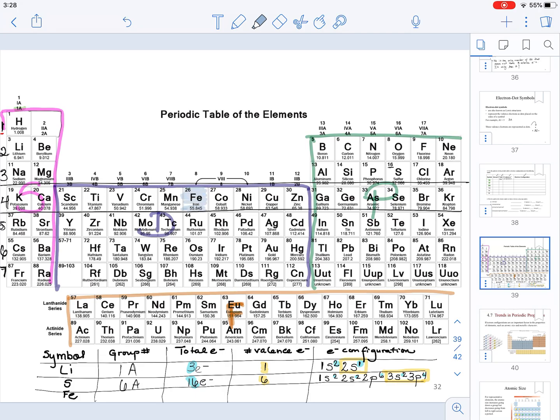Then I'm going to highlight everything that is before iron, all the boxes before it, because all of them are going to count for its electron configuration. So, when it comes to iron, group number, as you can see specifically, that is 8B. Total number of electrons in it, 26.